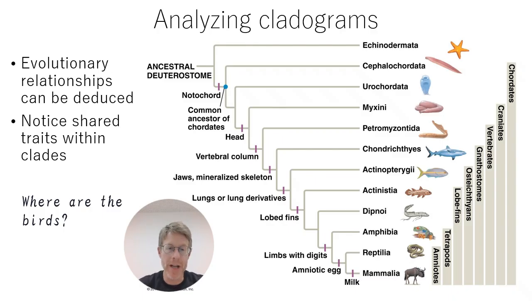So birds should actually, if we're basing it solely on evolutionary relationships, be placed with reptiles. Reptiles and birds should be together in one group. We often don't do that just because we're used to calling birds birds. But again, birds are not a clade.